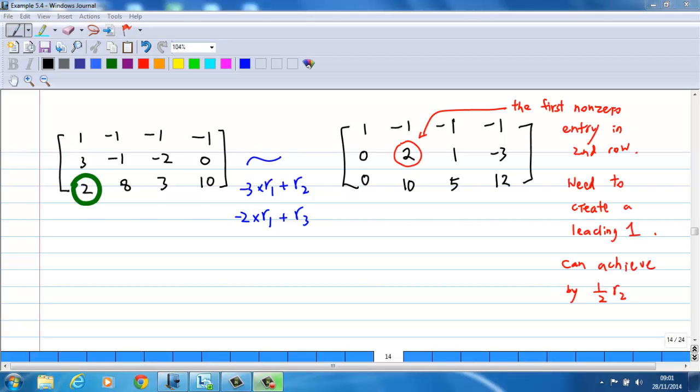Next, we move on to create a leading one in the second row. The first non-zero entry in the second row is a 2. In order to create a leading one, you can take half times row 2.